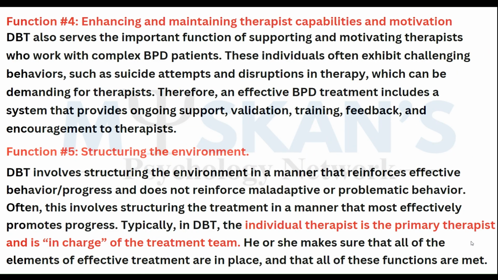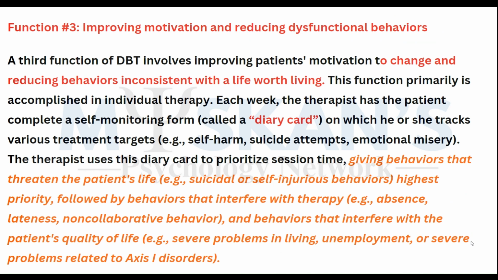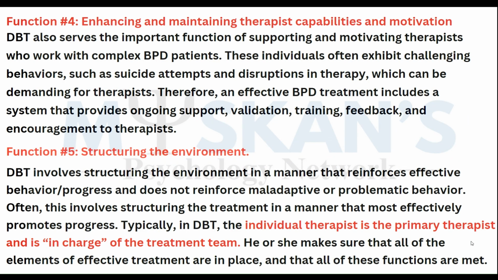So these are coming from dysfunctional behaviors, and we have to reduce those. So what can be done is that whenever such clients have such kind of thought, they can write it down in a diary card, which would eventually help them to self monitor. So this is your function number three.